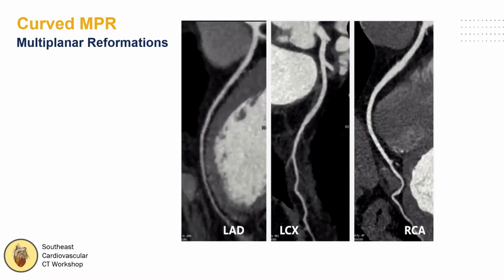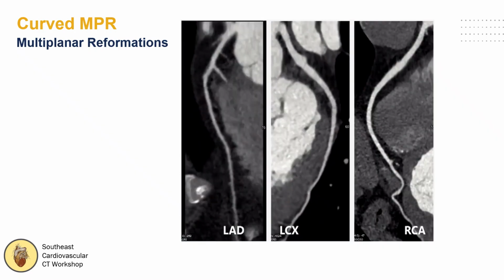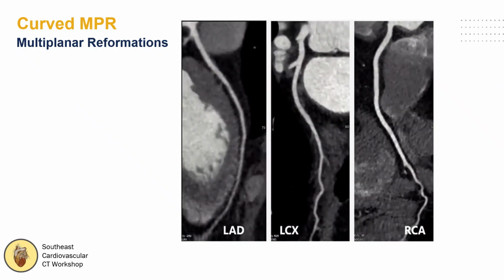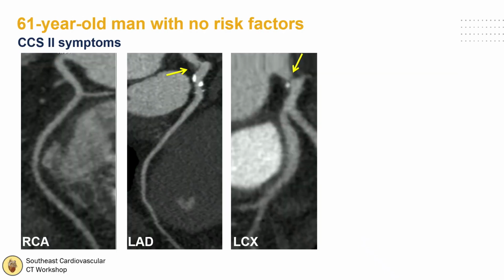These examples show curve MPR reconstructions of the LAD, circumflex, and RCA. What's helpful here is that the entire vessel can be evaluated continuously without overlap or foreshortening, which is difficult with conventional angiography. So let's apply this workflow to a real case.